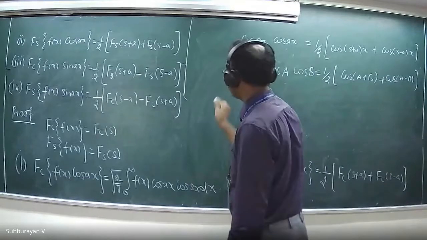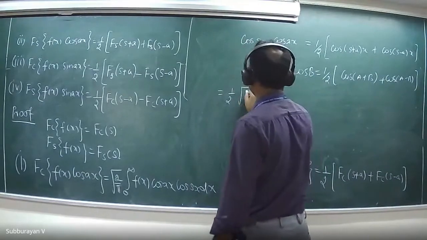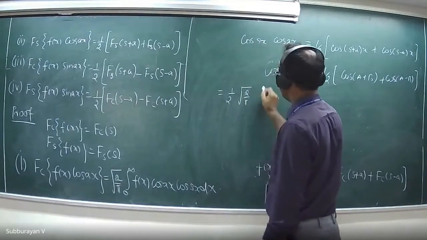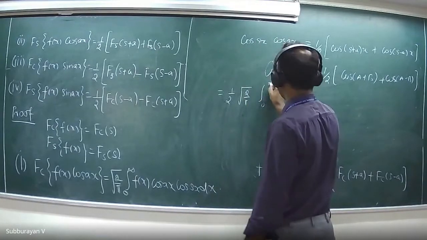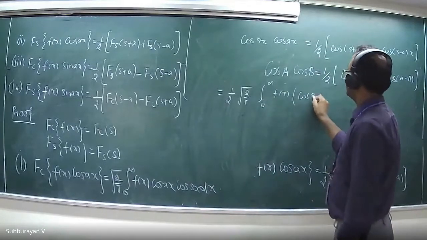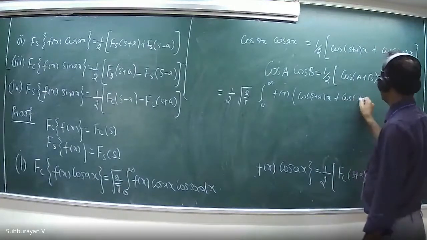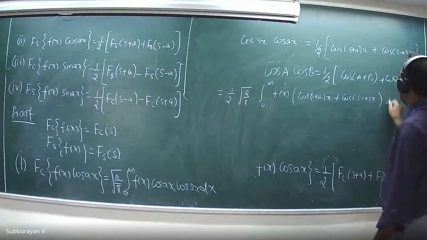Then the integral becomes 1 by 2 under root 2 by pi integral 0 to infinity of f of x into cos s plus a into x plus cos s minus a into x dx.